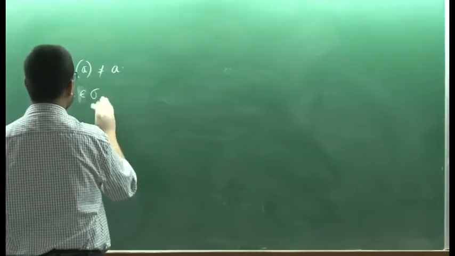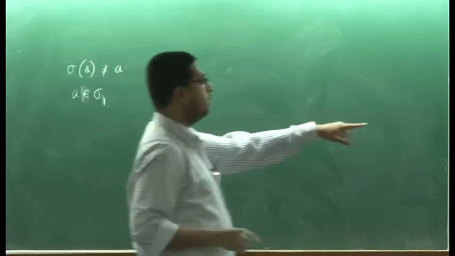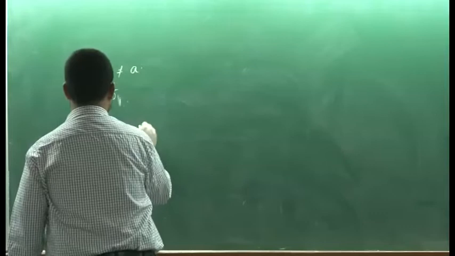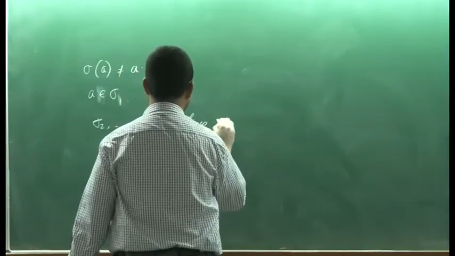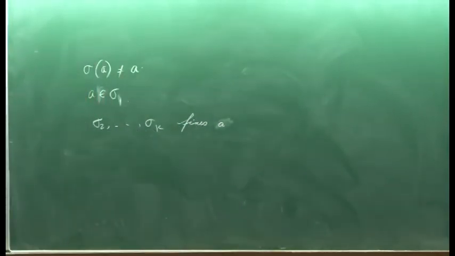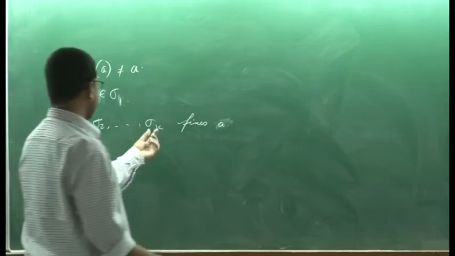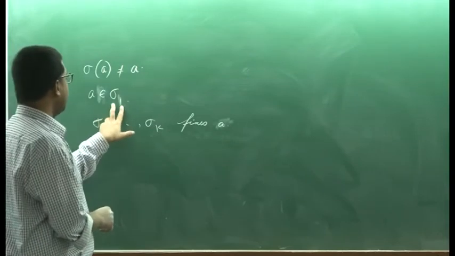So, without loss of generality, we may assume that a is in sigma 1, then it is quite clear that from the disjointness, sigma 2 up to sigma k all fix a, and any power of sigma 1.